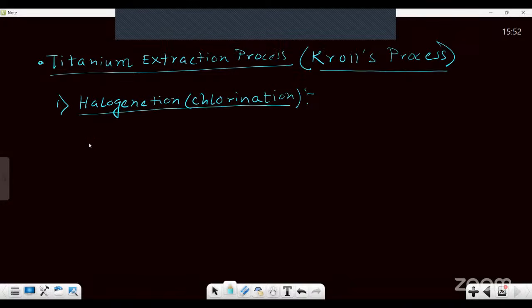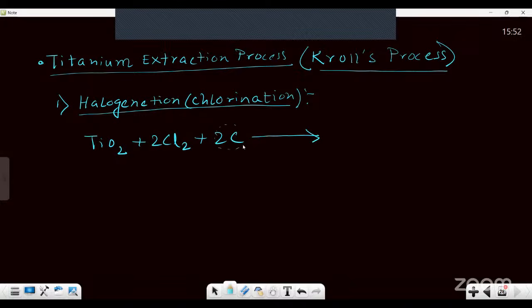So we have titanium oxide, TiO2, and we give chlorine to it in the presence of carbon, because titanium oxide needs to be reduced. Carbon is given as the reducing agent.